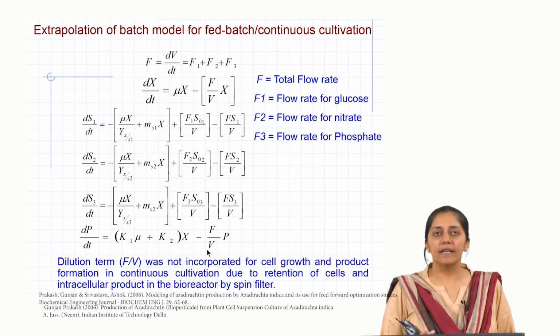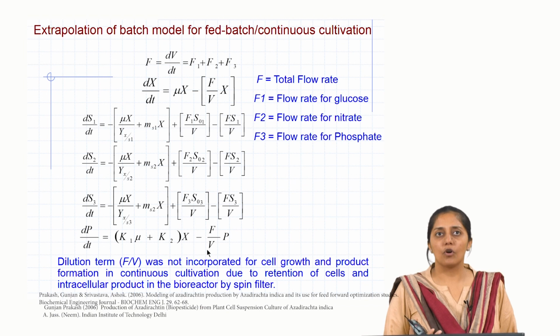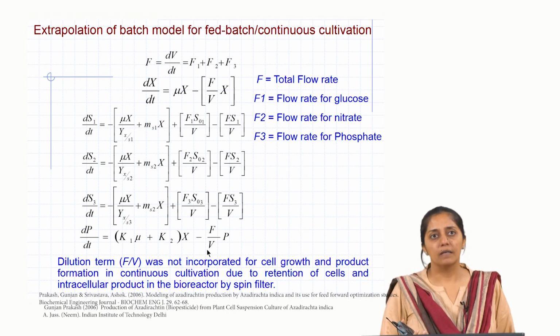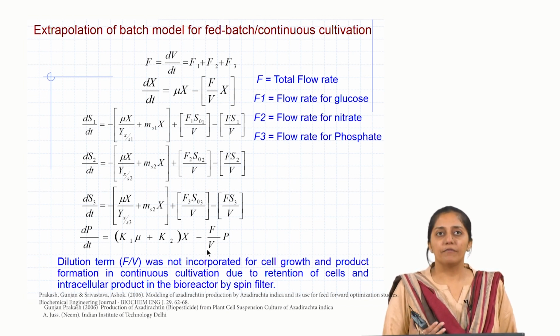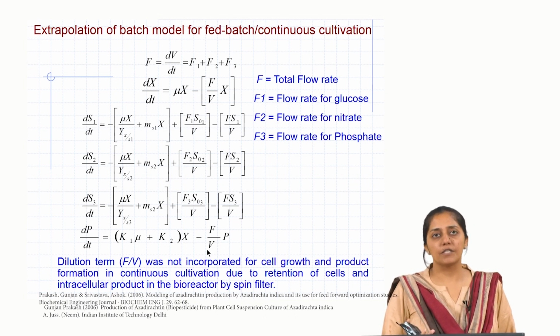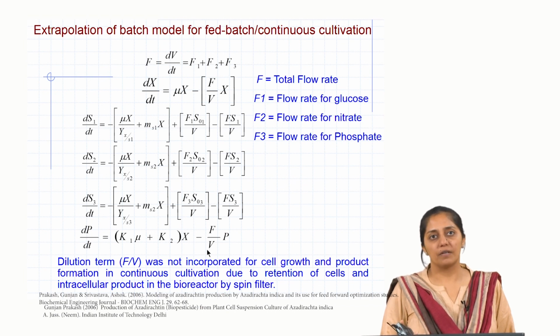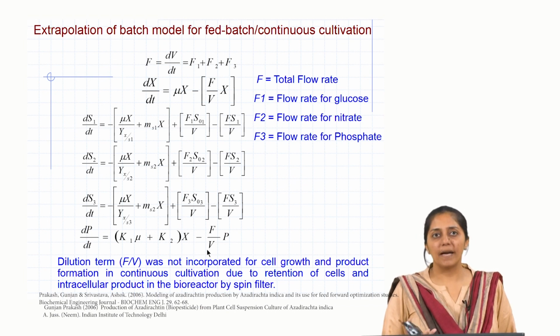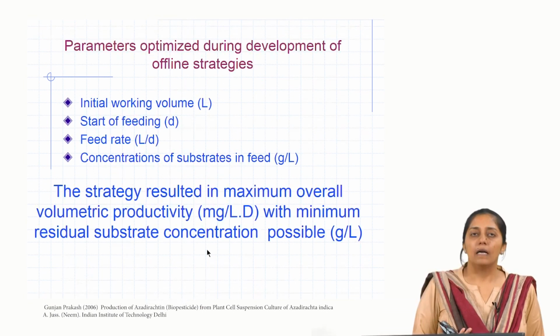They did the feeding of all the three critical nutrients, with a constant feed rate strategy, and then they defined, as done in the batch model, the substrate utilization rates for all the three critical substrates and the product formation rates.